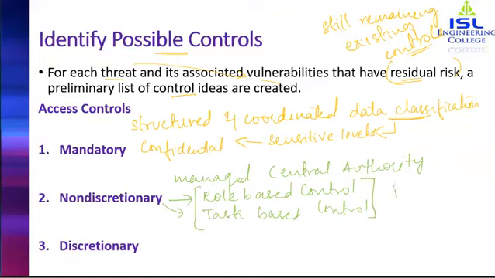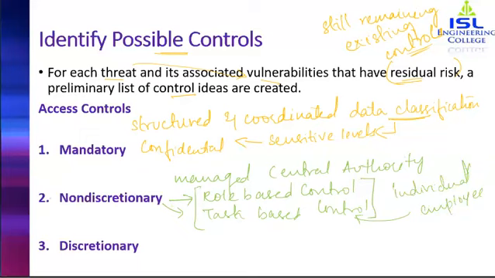Whenever a specific employee is given a task to perform, he is assigned either a role-based control or a task-based control. When he is associated with this, he gets all the rights to access the data. When the job is completed, those rights are removed from that individual. So this makes the job easy.